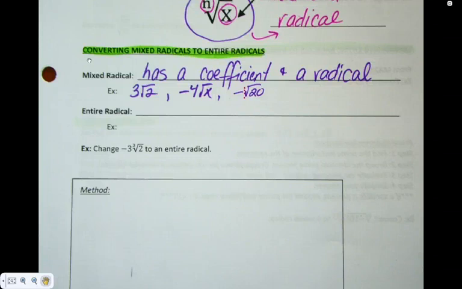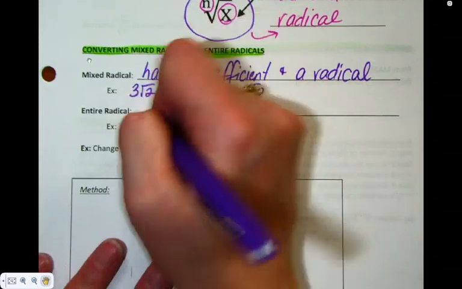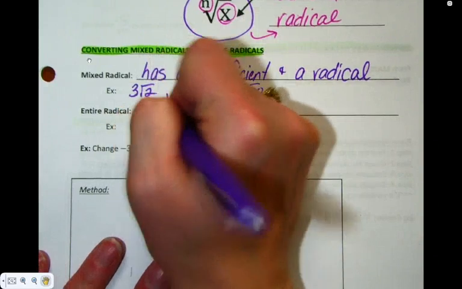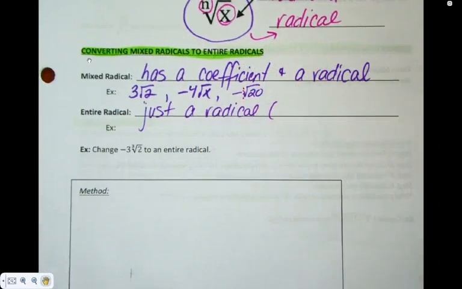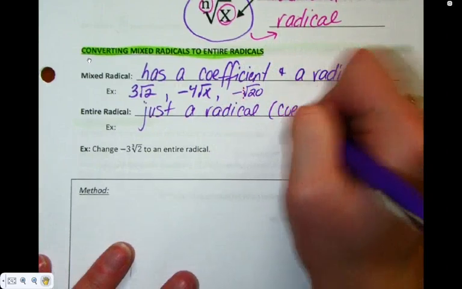What do you think an entire radical is? Just a radical, so no coefficient. And what that means is the coefficient is really just 1.